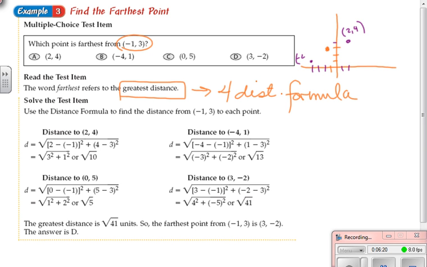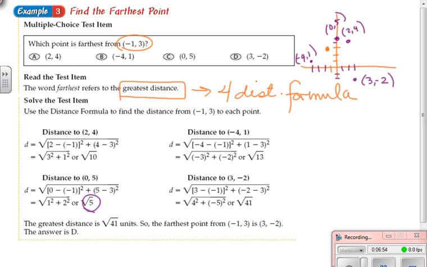There's -4, 1, 0, 5, and 3, -2. Okay, pretty sure 0, 5 is going to be closer. It might help you choose a little bit. Remember, pictures lie, but it might give you some ideas about if your answer is right or not looking at a visual. So it is a nice kind of semi-check.